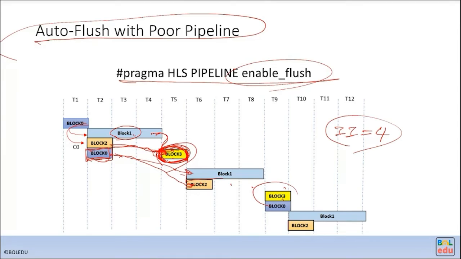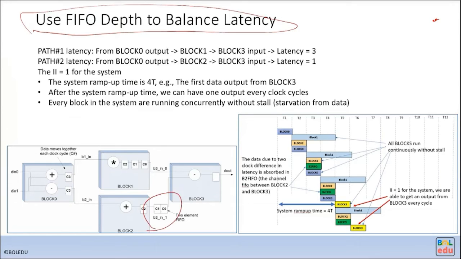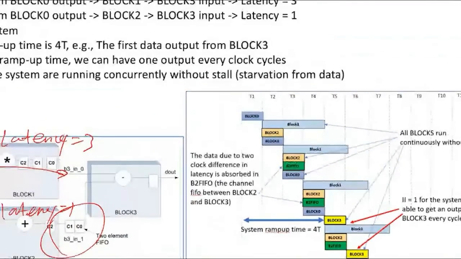In this case, there is no FIFO between modules. So the next step is we want to put the FIFO here. This one has latency 3, and this one has latency 1. Let's see what's going on here.